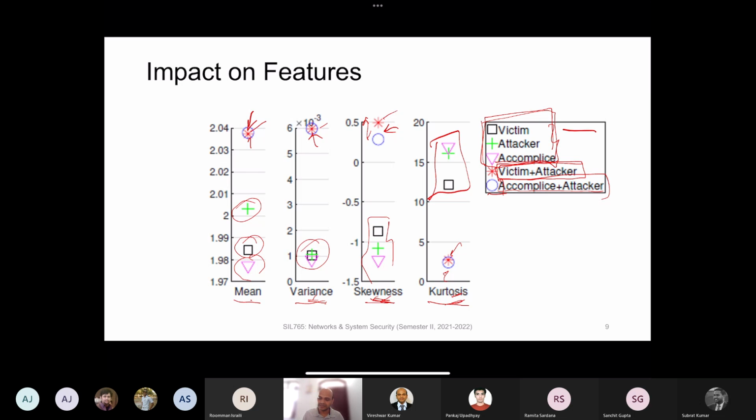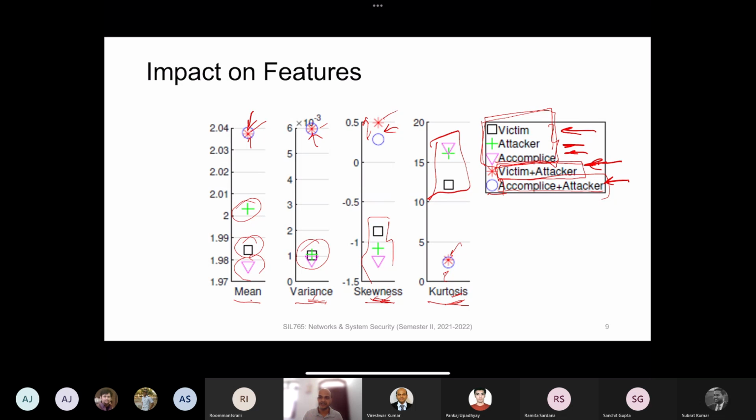Out of these 5 labels, which label corresponds to the training set poisoning? Red star. Yes, the red star.